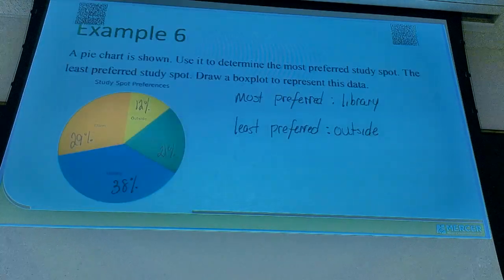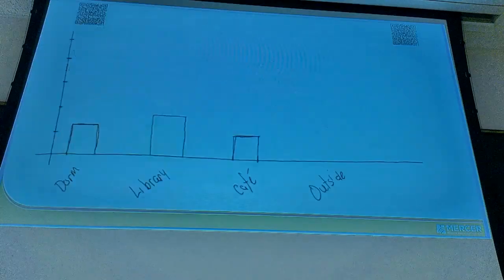And then outside, 12%. And that's good enough. Just leave these.